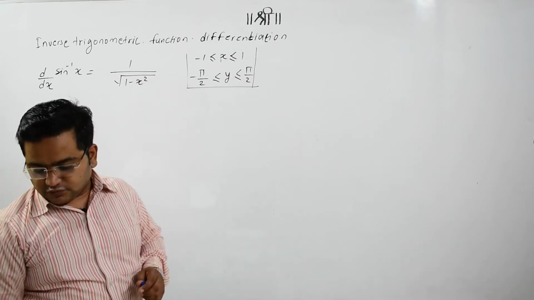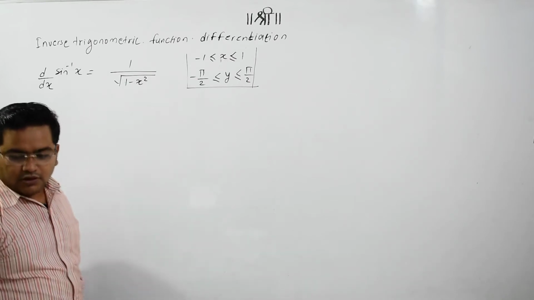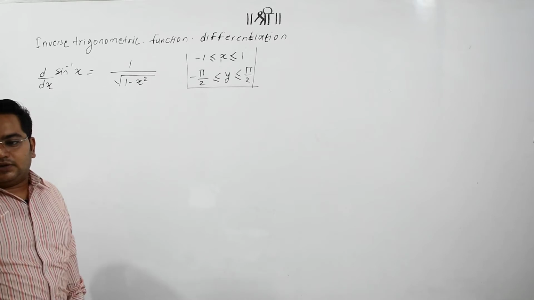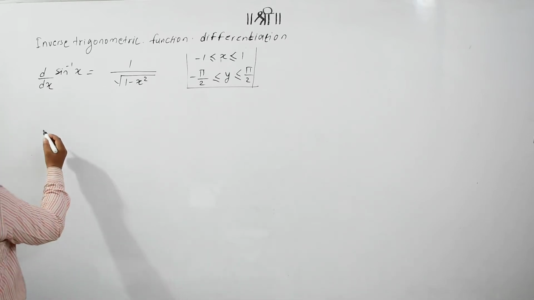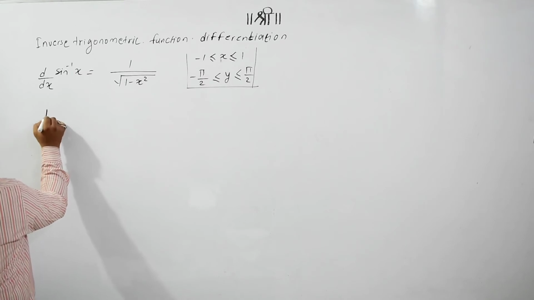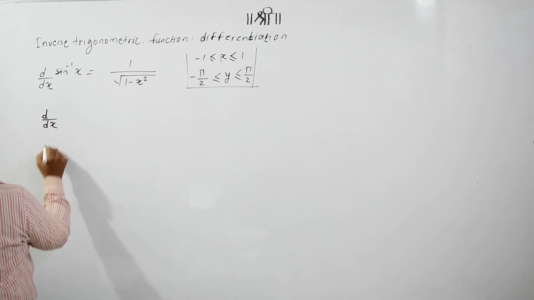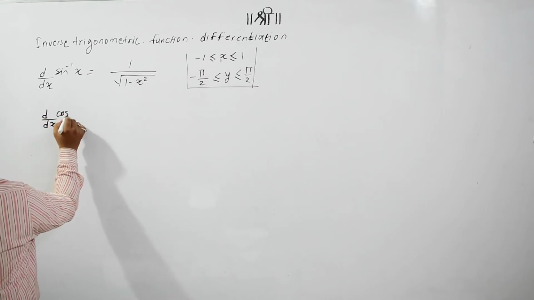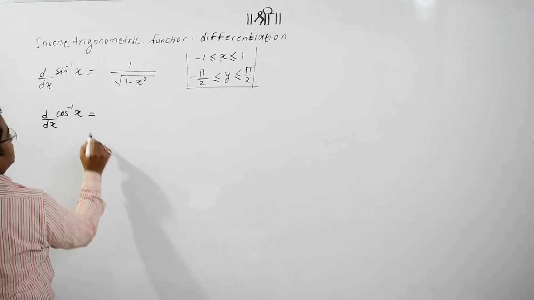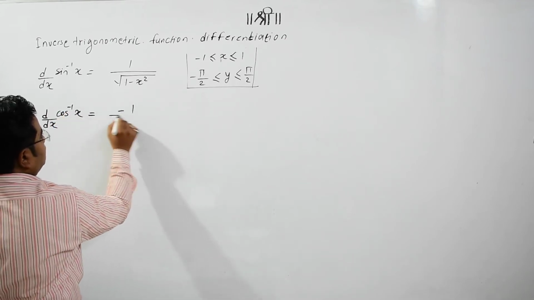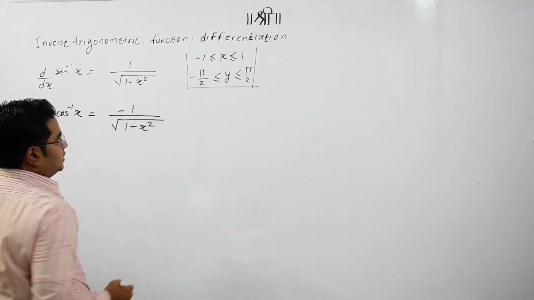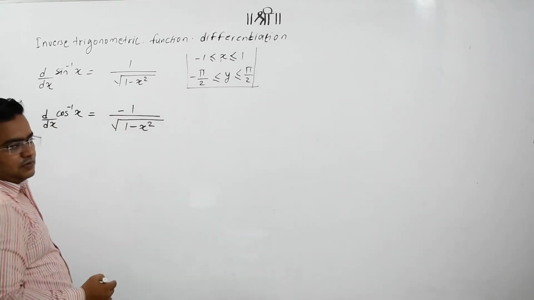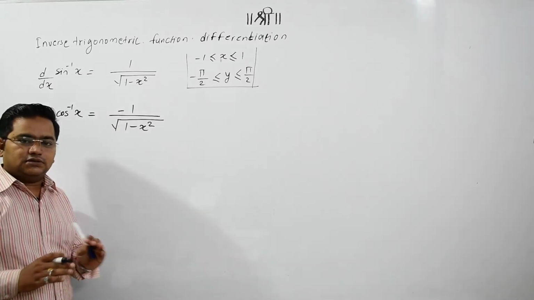Now the next formula is cos inverse of x. Here again, how it is valid and why it is valid, we will see that. So d upon dx of cos inverse of x is equal to minus 1 upon under root of 1 minus x square. So only the minus sign is different, everything else is the same.